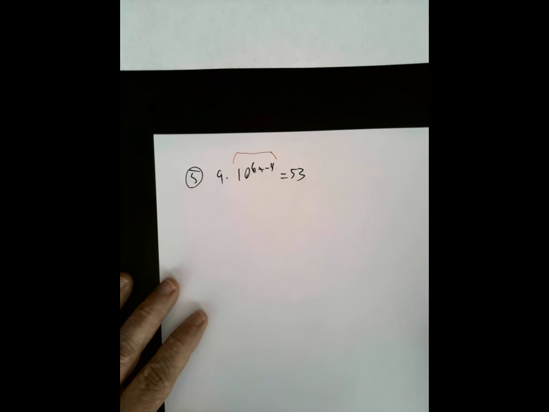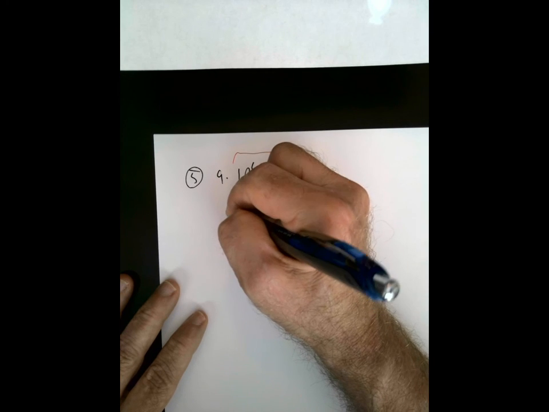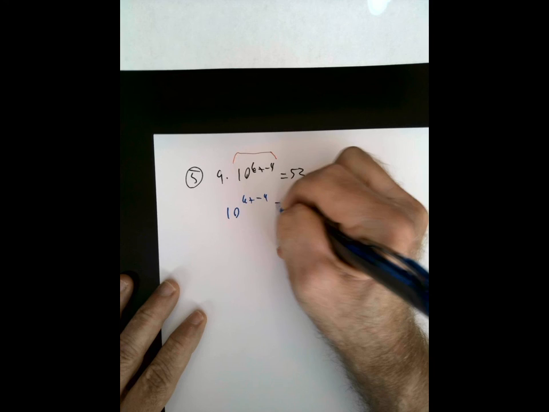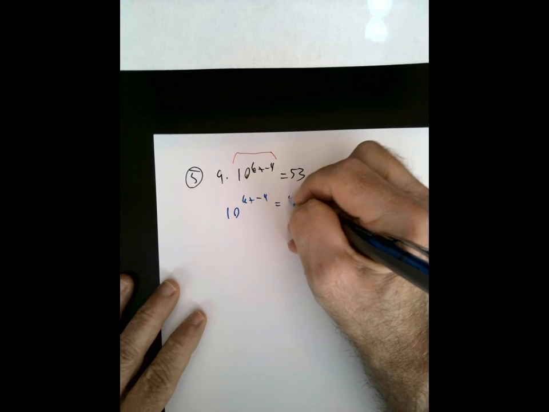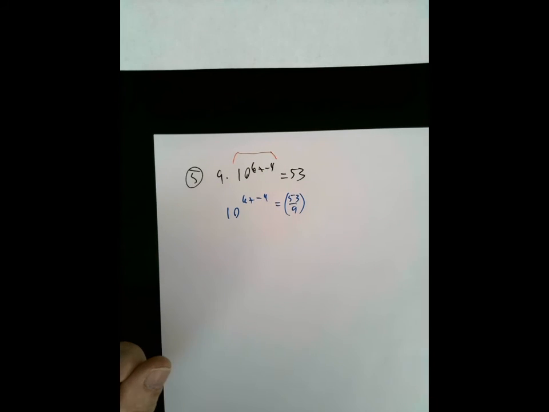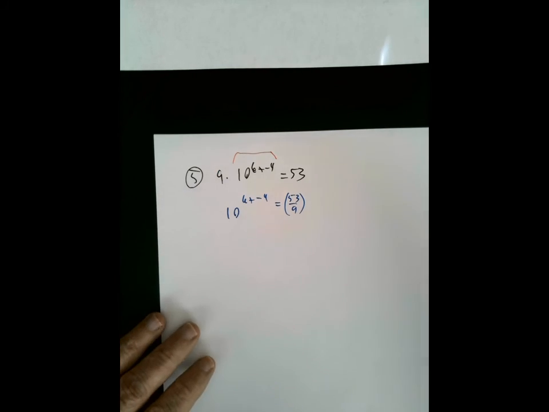So I'm going to divide both sides. We're going to do 53 divided by 9, and that doesn't come out evenly, so I'm going to leave that as a fraction. So 10 to the 6x minus 4 is 53 over 9. It's okay if we do it that way. Now it just makes our answer look more complicated at the end.